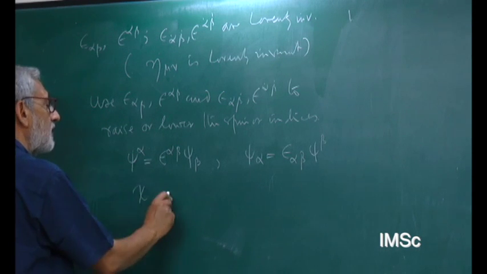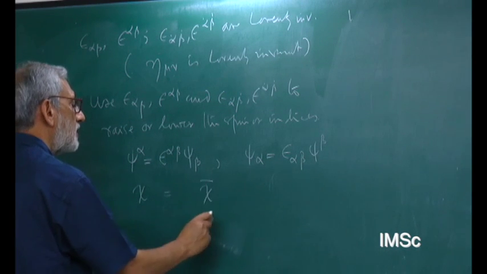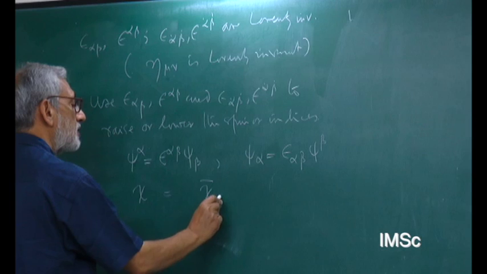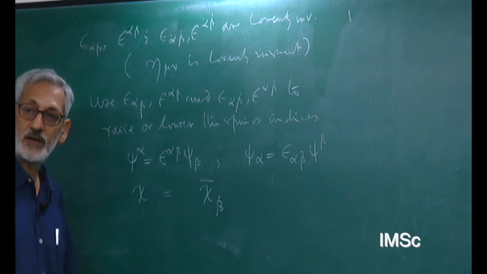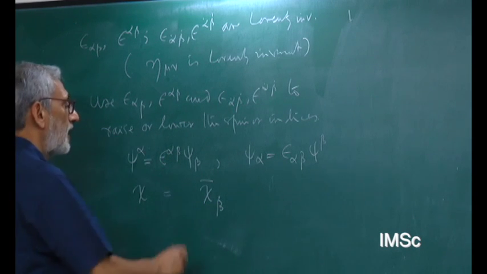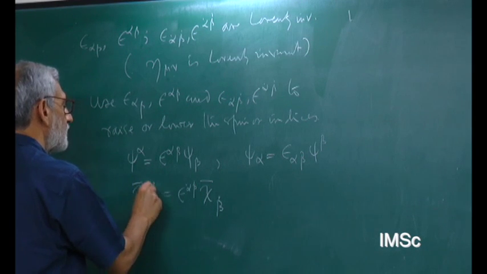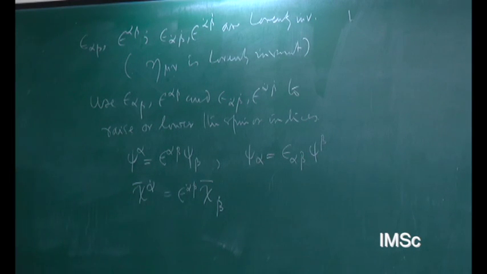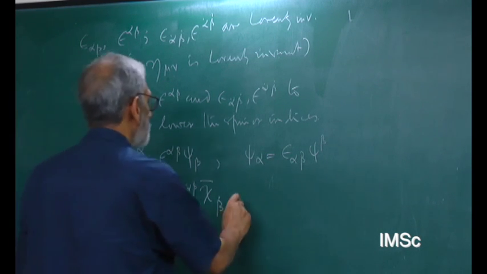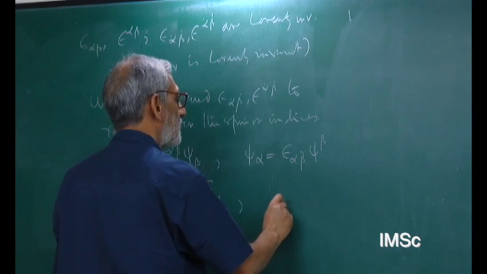And we have defined chi beta dot, the lower two components of the Dirac fermion.